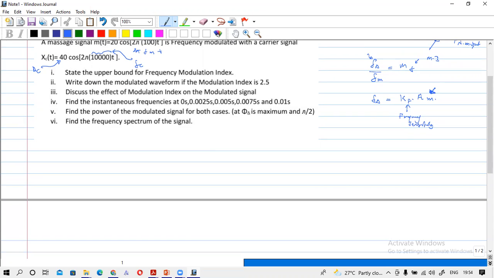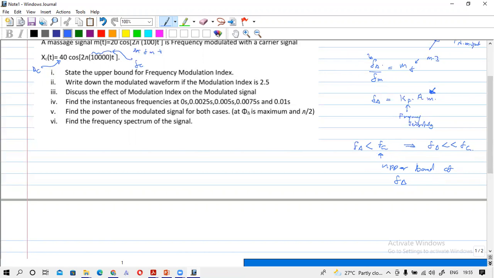Okay, so we know that the frequency deviation should be very much less than the carrier frequency. Anyway, this is the maximum, the upper bound of the frequency deviation, F delta. So the upper bound of F delta is nothing but the carrier signal frequency.